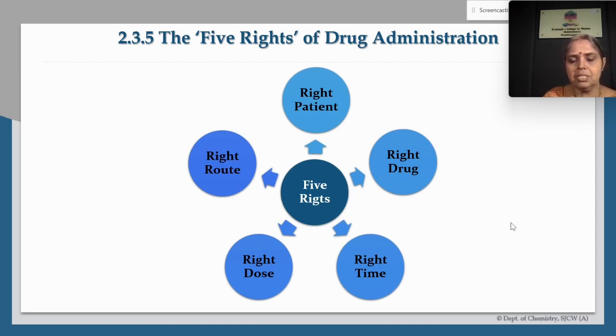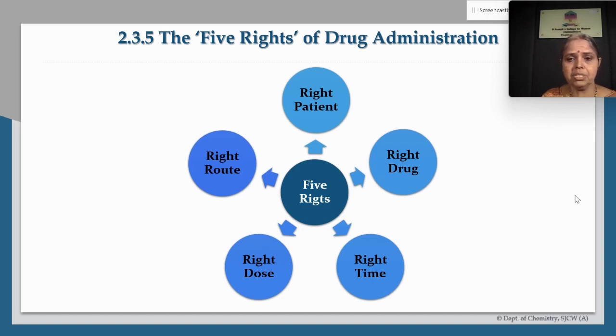The right drug: you can't give one drug in place of another drug. Suppose somebody is having fever, he should be given only paracetamol. He should not be given some antibiotic or something else just to reduce fever. For reducing fever, only antipyretic drugs should be given. For killing infection, for minimizing infection, antibiotics have to be given.